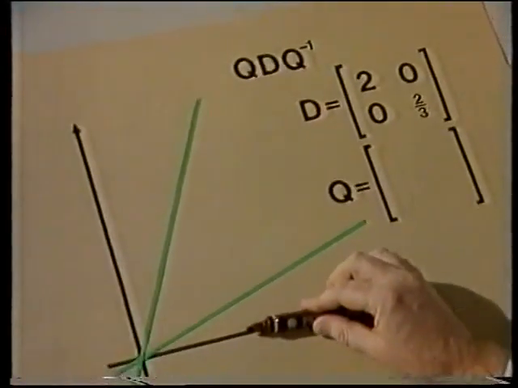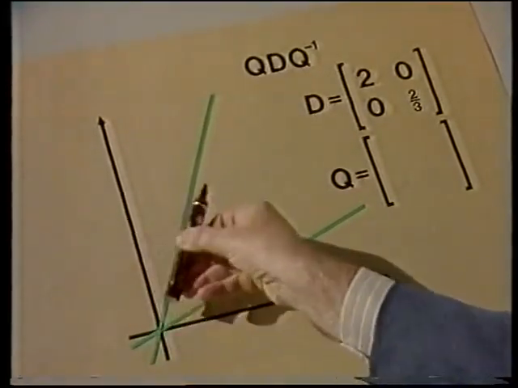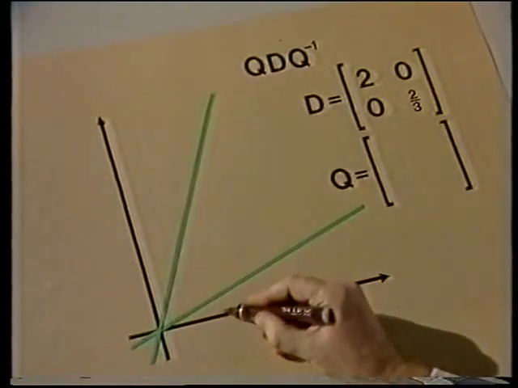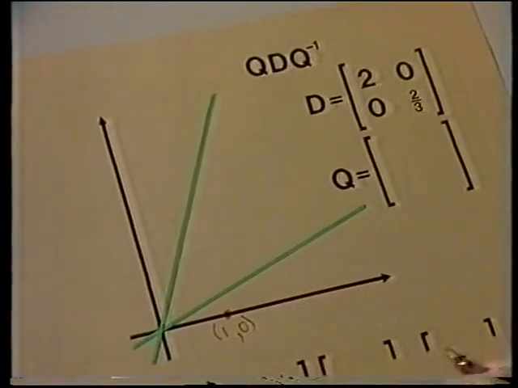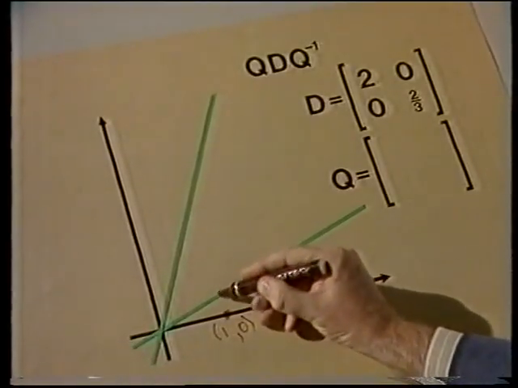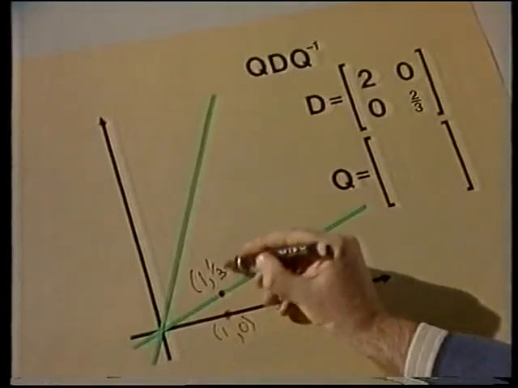It takes the x-axis to this eigenline, and it takes the y-axis to this eigenline. And I'm going to do that, first of all, by taking this point, 1, 0, which is on the x-axis, and transforming it to the point above it on the eigenline. And that is the point 1, 1/3.